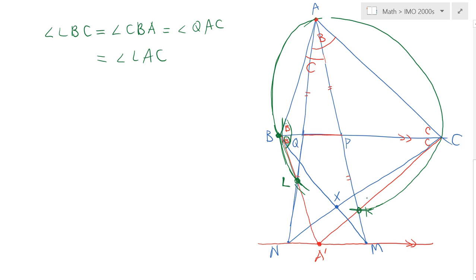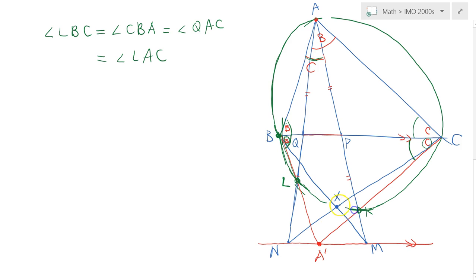K is the intersection of PM and CA prime. If you keep track of this angle here, which is C, as we did earlier, this is also equal to this angle, and that's equal to this angle C as well. But KCB and KAB both subtend arc BK. As such, K is on the circumcircle as well.